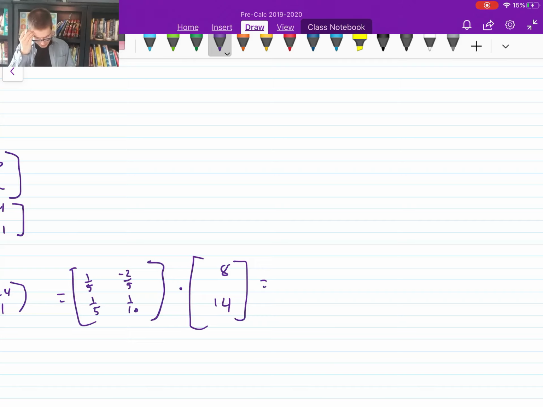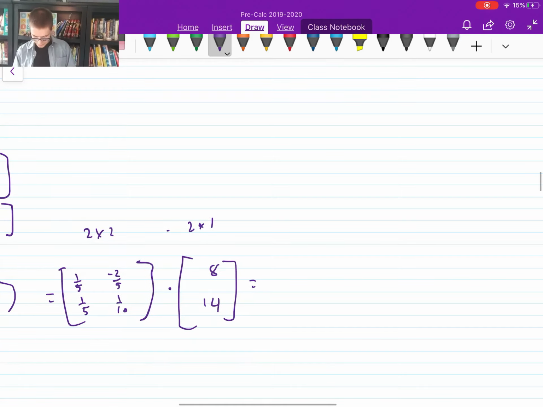This is a 2 by 2 times a 2 by 1, and so this is a 2 by 1 answer, as you may be familiar with by now. For row 1, column 1, we're going to multiply row 1 by column 1.